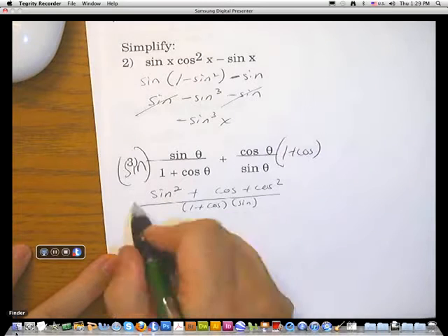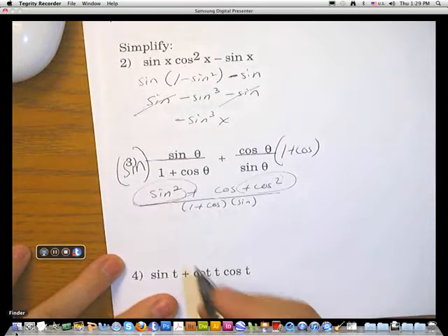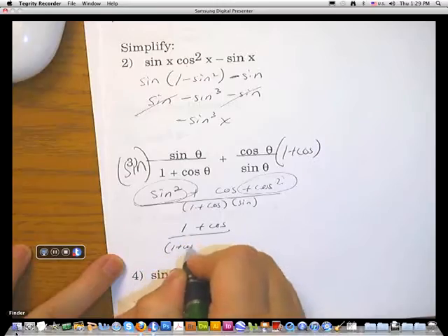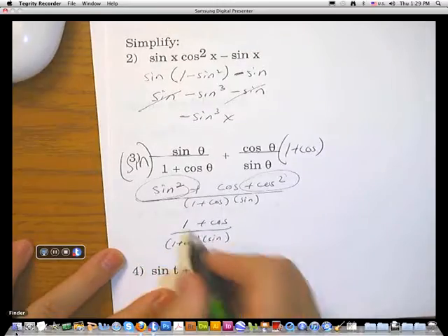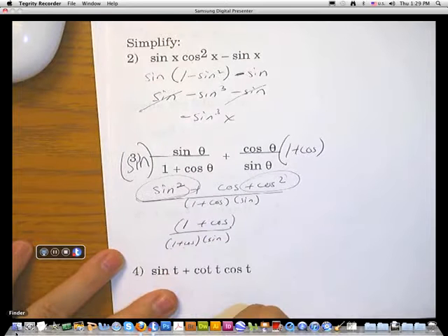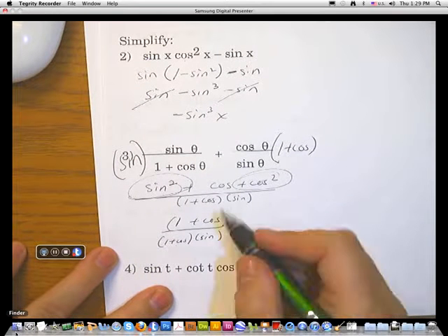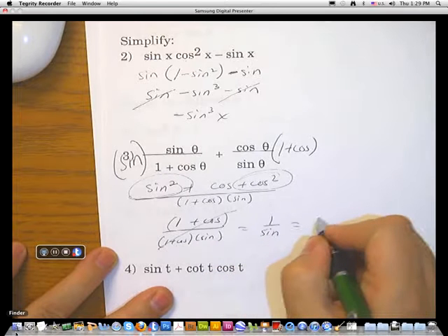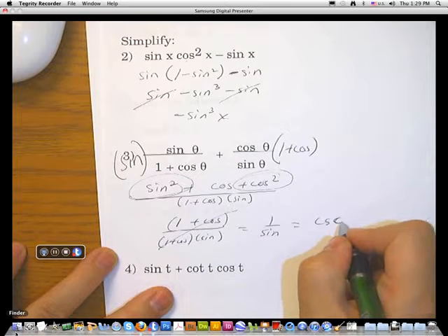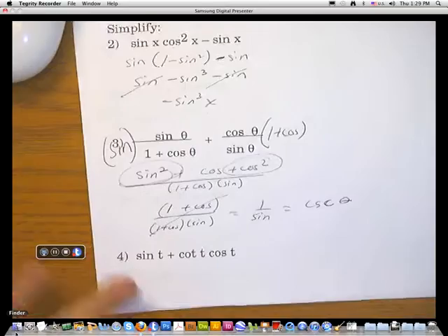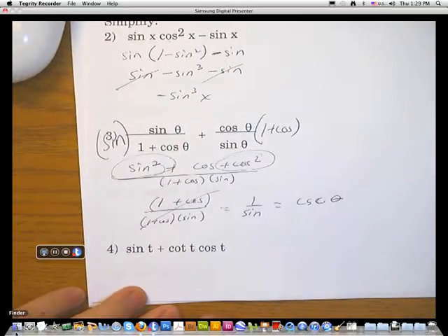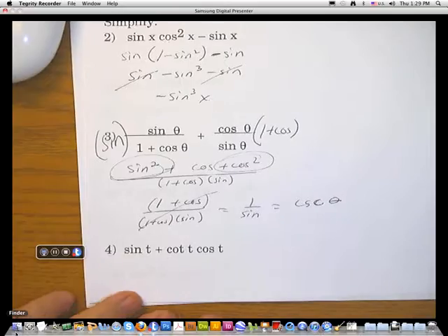Well, from my identities, I know sine squared plus cosine squared is 1. Now I have 1 plus cosine on top and 1 plus cosine on the bottom, so that'll go away, leaving me 1 over sine, which is cosecant. It's just a matter of practicing and knowing your properties. So until you know them, have that piece of paper out.